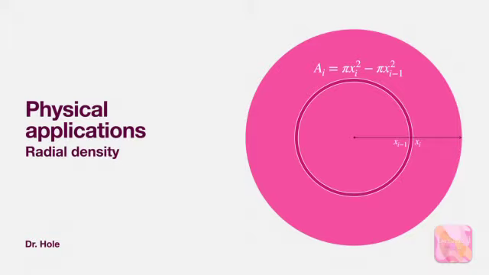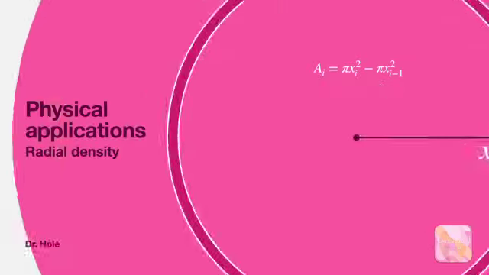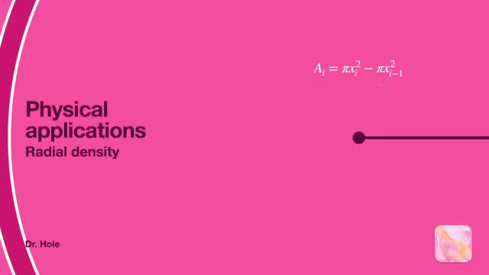Let's do a little algebra. Well, we have a pi that can be factored off of each term. Doing so leaves us with a binomial, which is a difference of squares. We know how to factor a difference of squares, just like in the previous video.